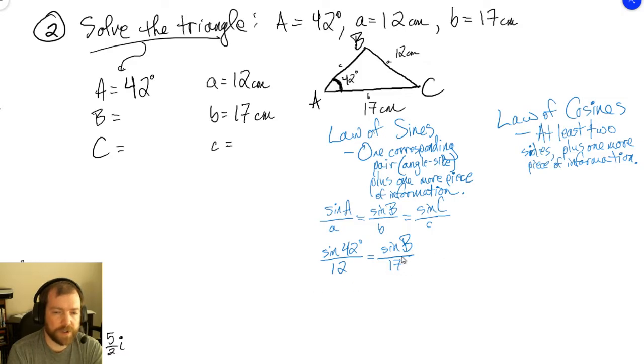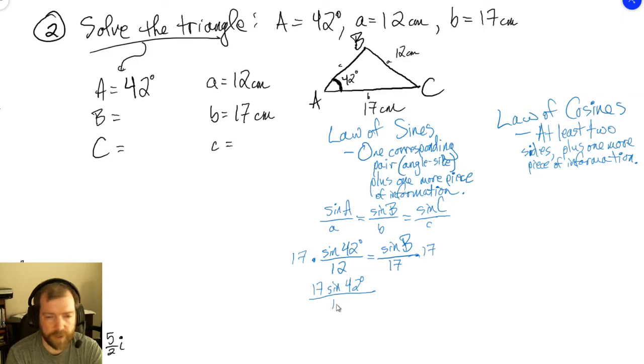When we do this, we're going to solve for the sine of B, so we're going to multiply both sides by 17. So 17 times the sine of 42 degrees divided by 12 is going to be equal to the sine of B.